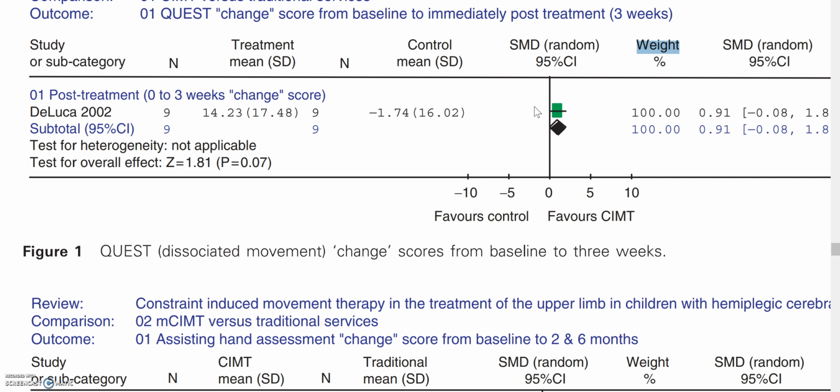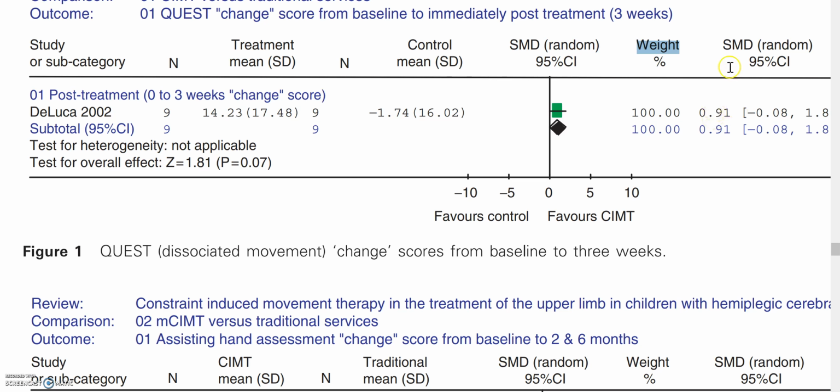Meaning, if a study has more information, we're going to assign that more weight. Meaning that when we do calculations, we're going to take this study into a bit more consideration numbers-wise because there was a lot more available to utilize than maybe another study. That's what that weight means. In this case, it's 100% because there's only one study being looked at.